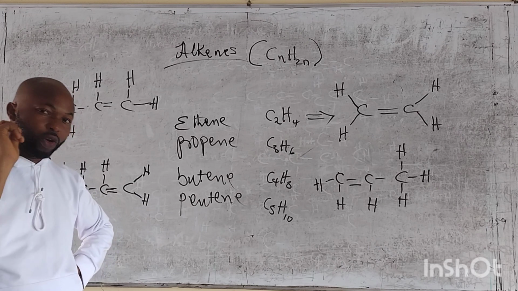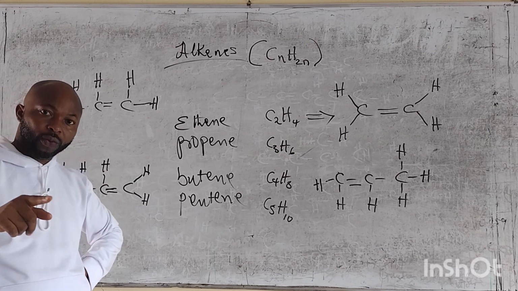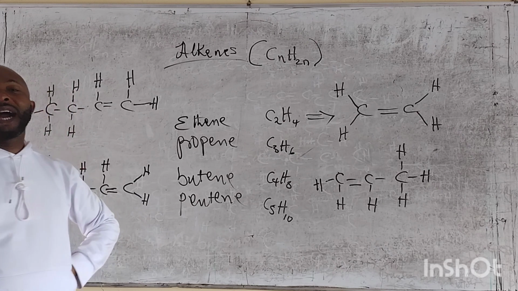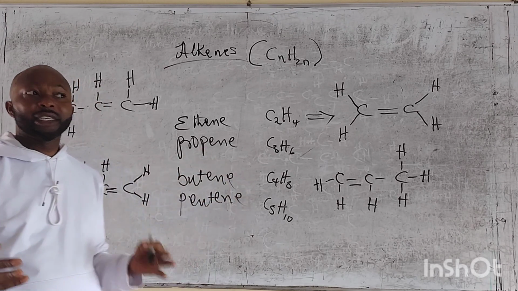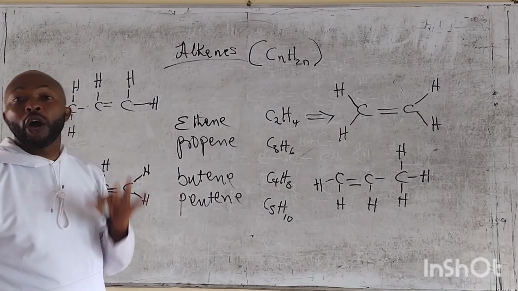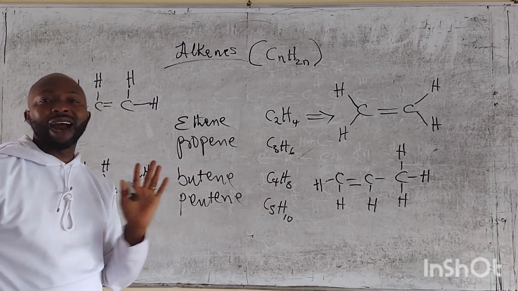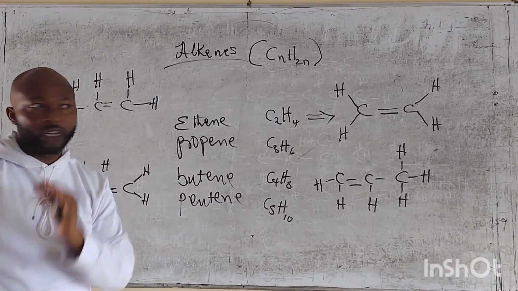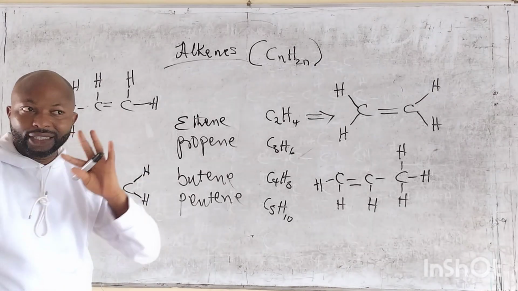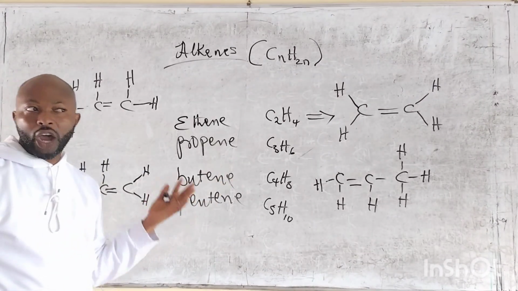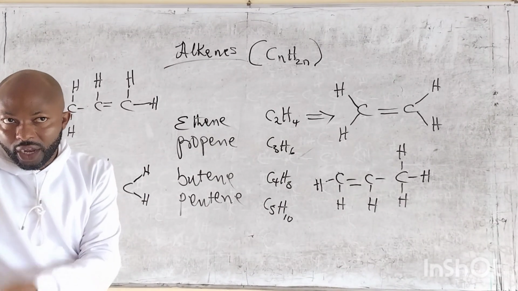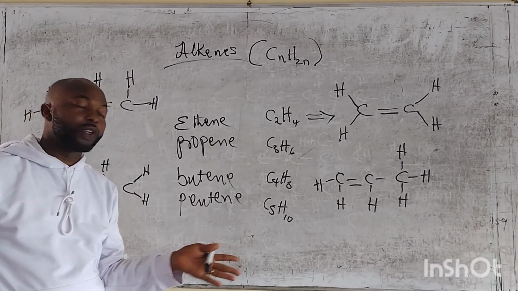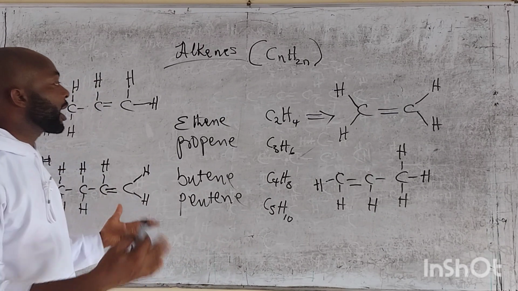They have a single bond between their carbon atoms. Now, if you were asked the cardinal difference between alkanes and alkenes, it is that alkanes undergo substitution reaction, while alkenes undergo addition reaction. This reaction makes them unique to that end. So alkanes cannot undergo addition, and alkenes cannot undergo substitution.